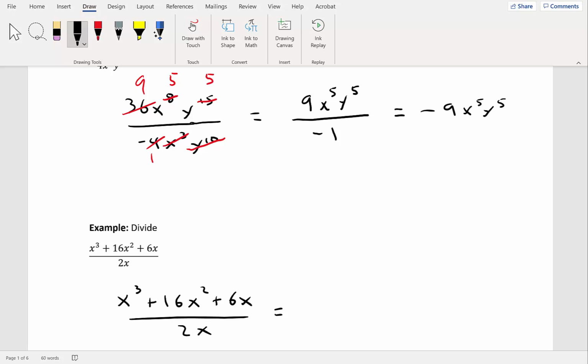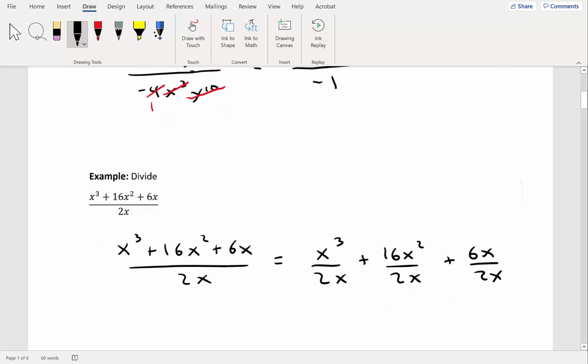So what I'm going to do is rewrite the problem. I have x to the 3rd divided by 2x, plus 16x squared divided by 2x, plus 6x divided by 2x. Notice each term in the numerator, I'm dividing by the denominator, that one term, 2x.